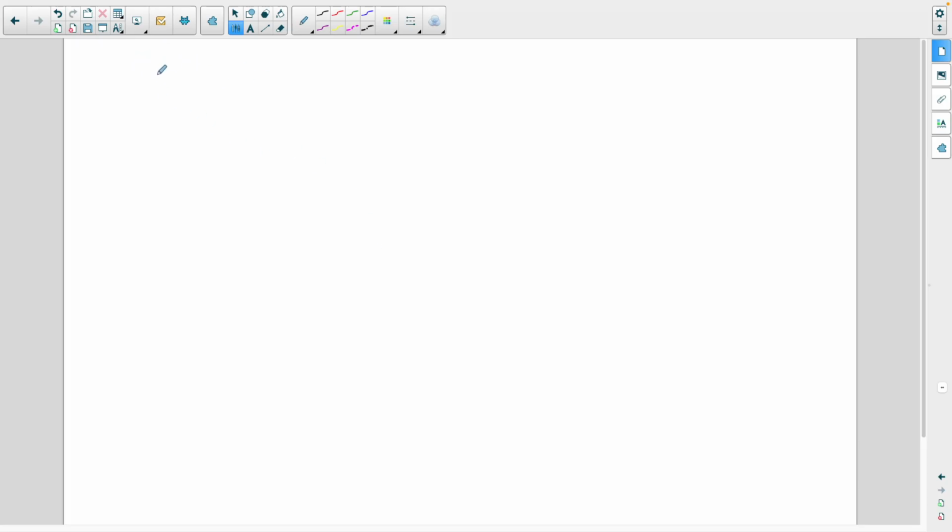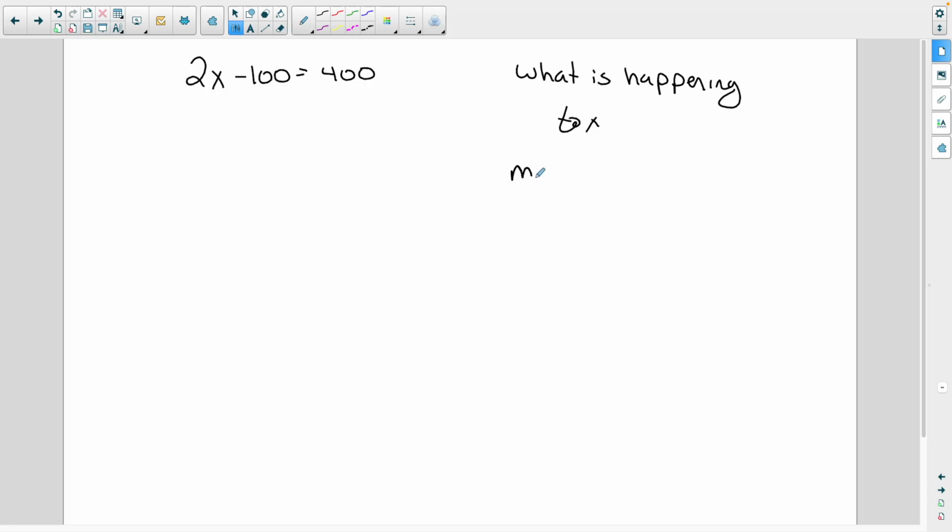So we're going to do the same exact thing. What do we want to know? We want to know what is happening to x. Well, let's think about this. What happens to x first? Well, x is going to be multiplied and then x is being subtracted.